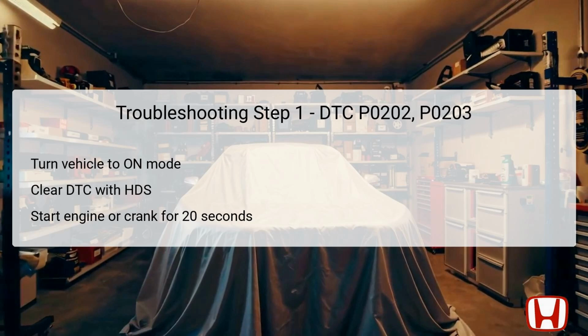If it doesn't start, crank the engine for a maximum of 20 seconds to ensure proper engagement. This process helps confirm whether the DTCs P0202 and P0203 reappear, indicating the presence of the injector circuit malfunctions once again. Thus, establishing a clear foundation for subsequent tests to discover the underlying issue becomes crucial.